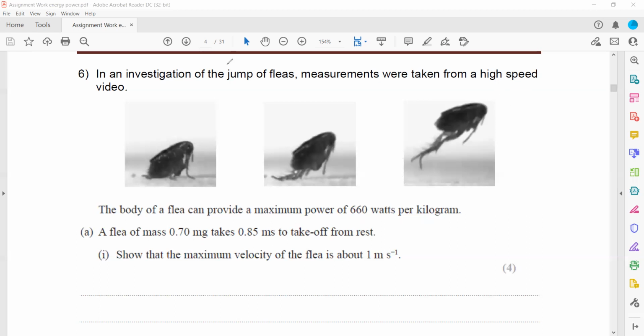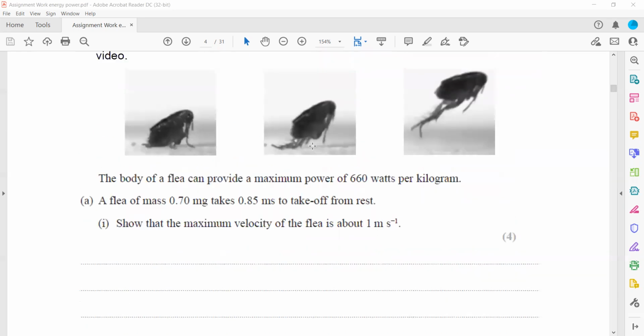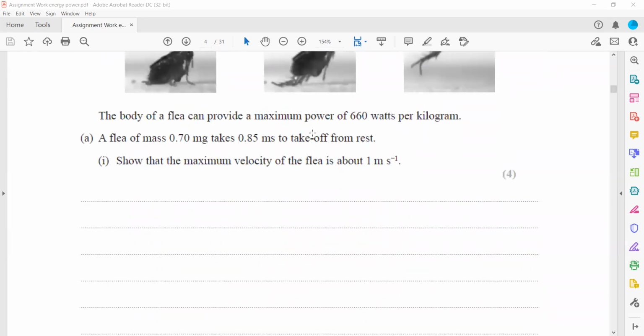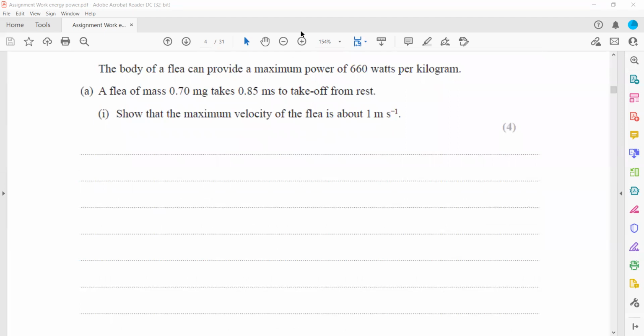So first we have to find the power for this mass, because this is 660 watt per kilogram, but the mass of the flea is only 0.7 milligram. And we know the formula that power is equal to energy divided by time.